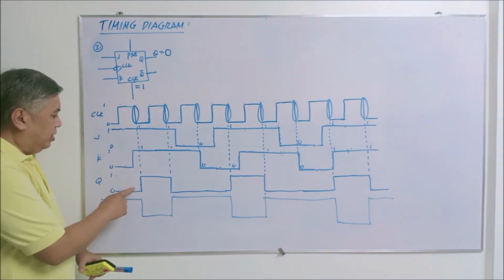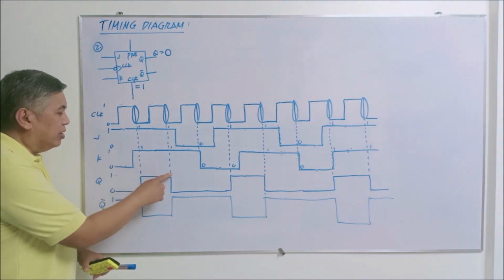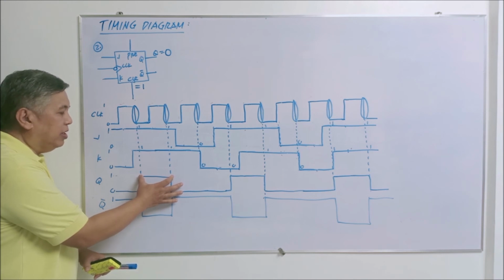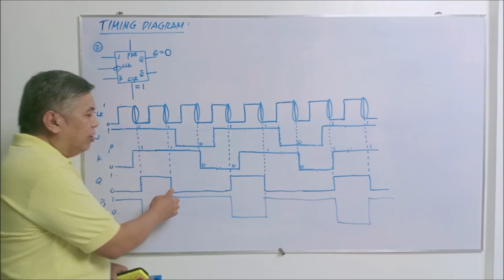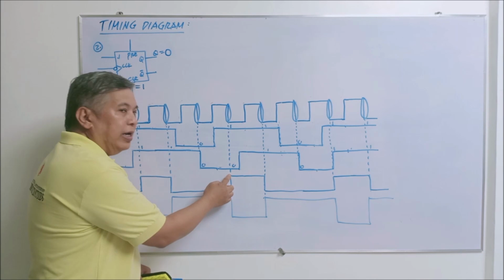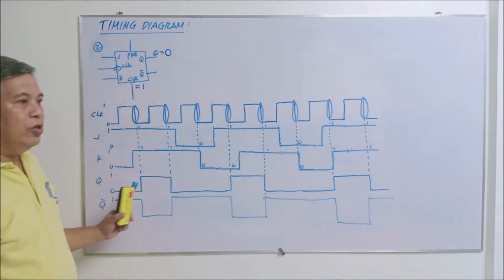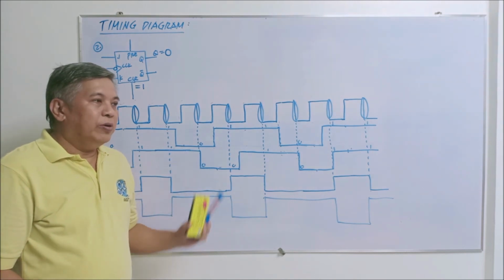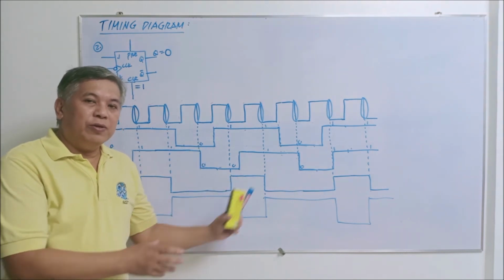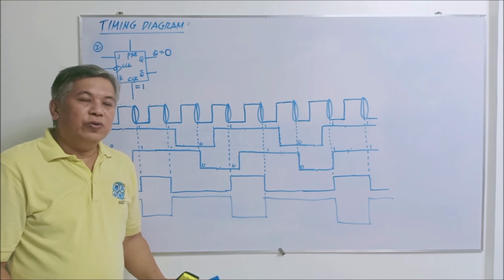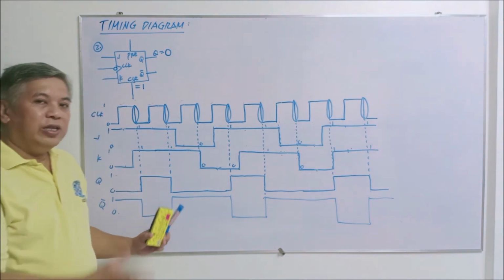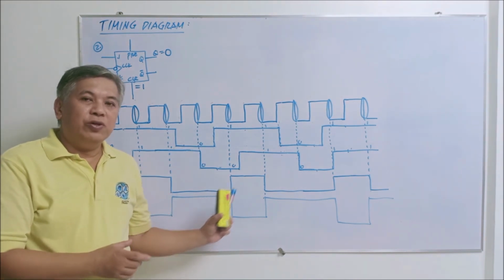So in this case, the LED turns off, then turns on, then for a certain period of time it stays on, then turns off, then for a longer period of time it is off, then turns on, and so on. So that is how you interpret the output Q in your laboratory experiment, considering the light emitting diode, which is your output Q of your experiment.